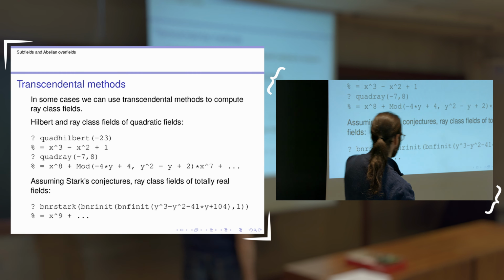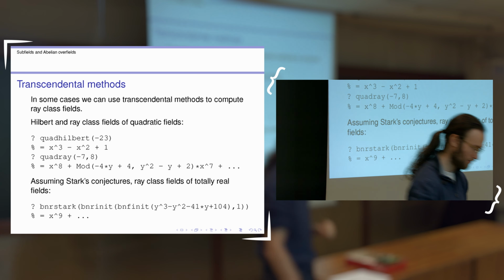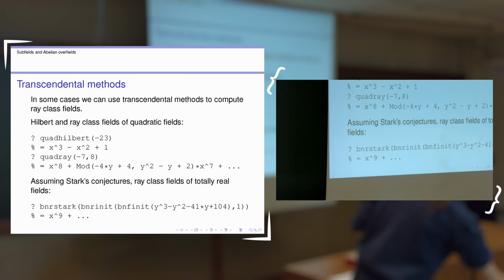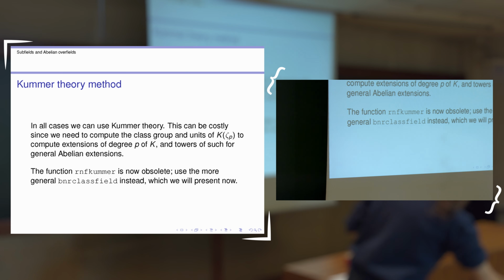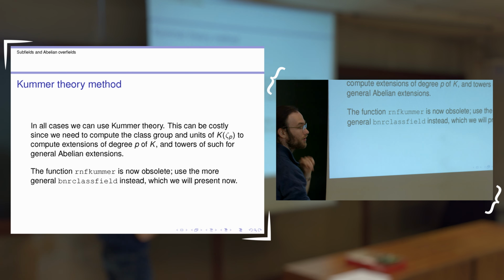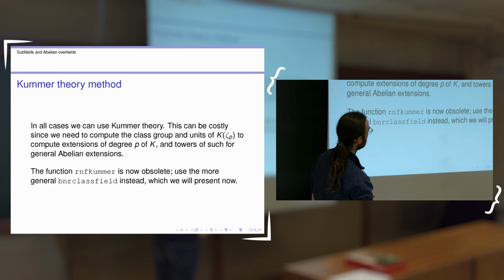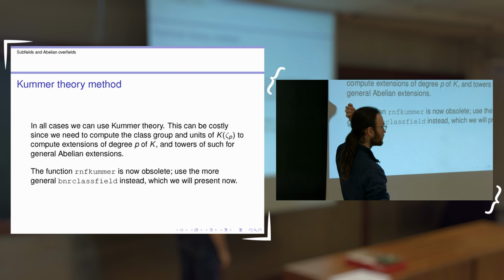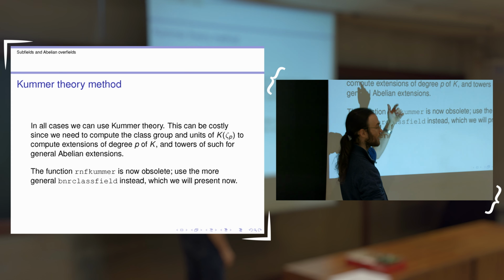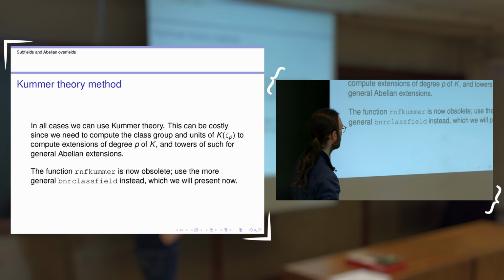So I'm not really explaining these commands because we'll review them in the next few slides. The one I want to mention a bit further is the Kummer method. Kummer works in every case, but it can be costly because we need to compute the class group and the units of K adjoin pth roots of unity to construct a degree p extension.